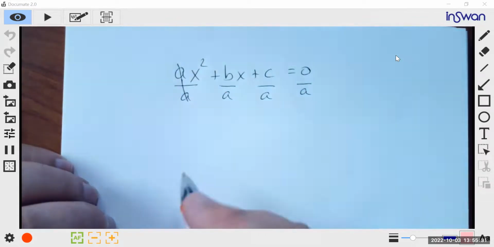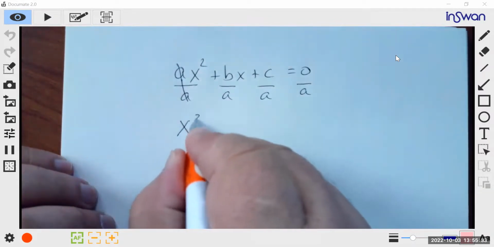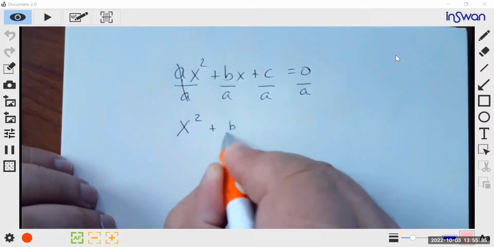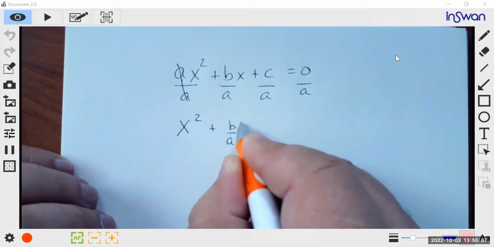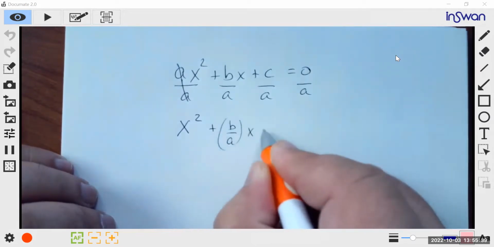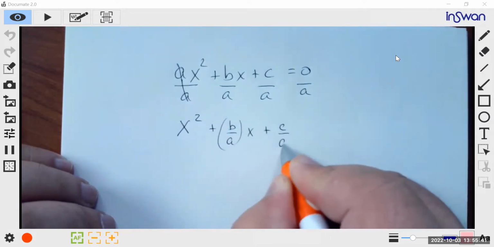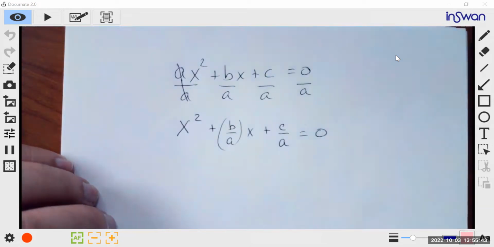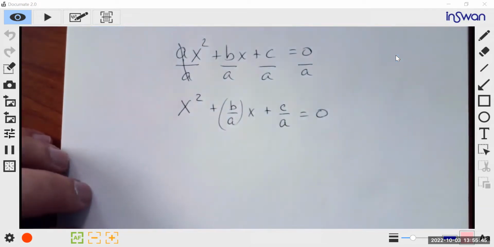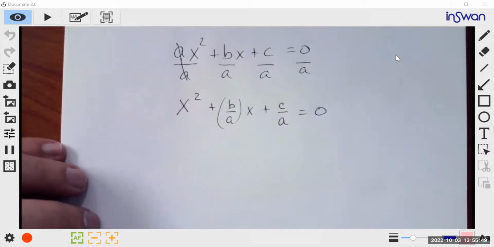We have to get rid of that a first. Remember, it has to be 1 for us to be able to use it. All right, next step. Now we move the c.